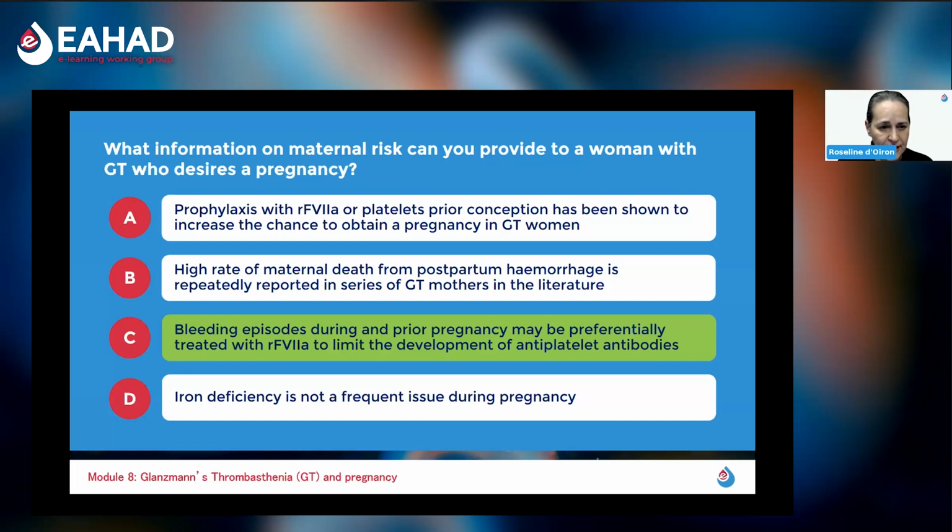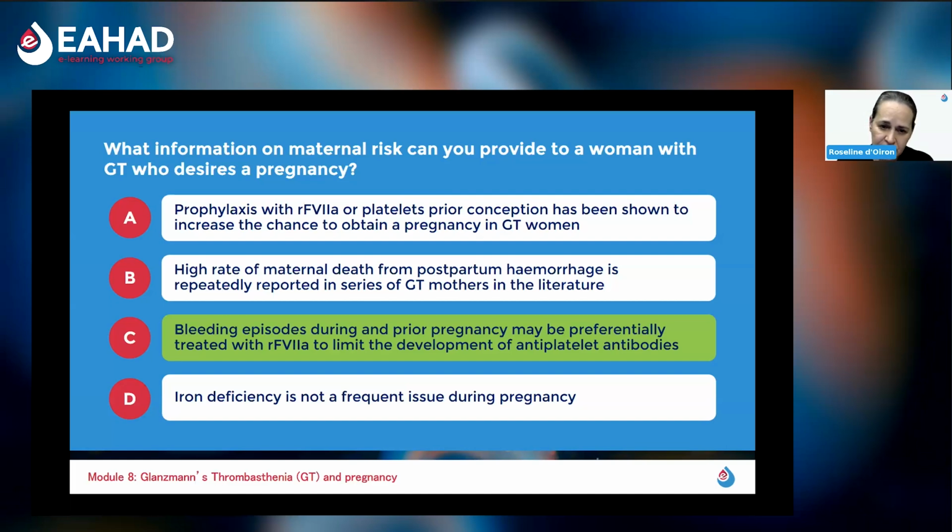For answer A, there is no data showing that prophylactic treatment or platelets could help to obtain a pregnancy. However, when you stop the hormonal therapy, some treatment might be necessary in order to treat the abnormal uterine bleeding and heavy menstrual bleeding that may occur.